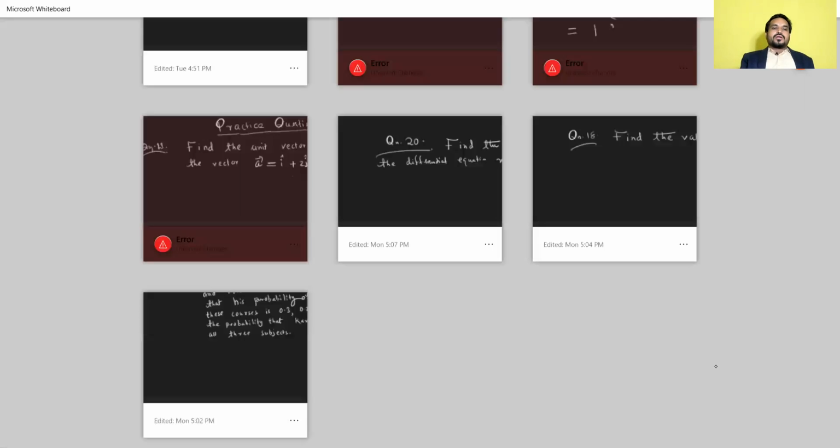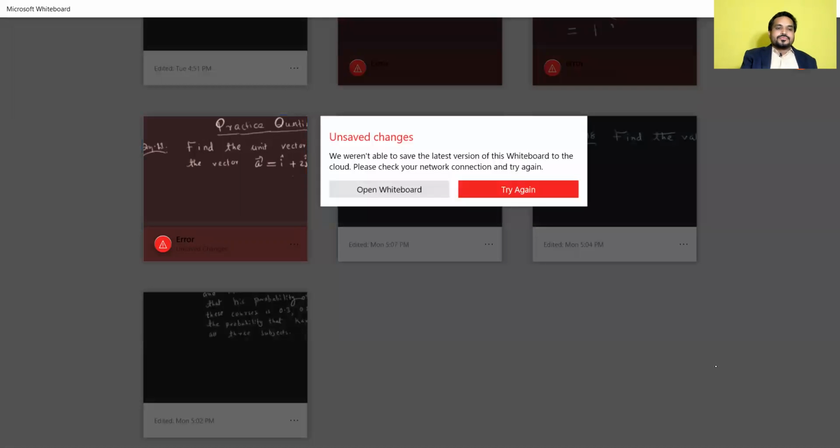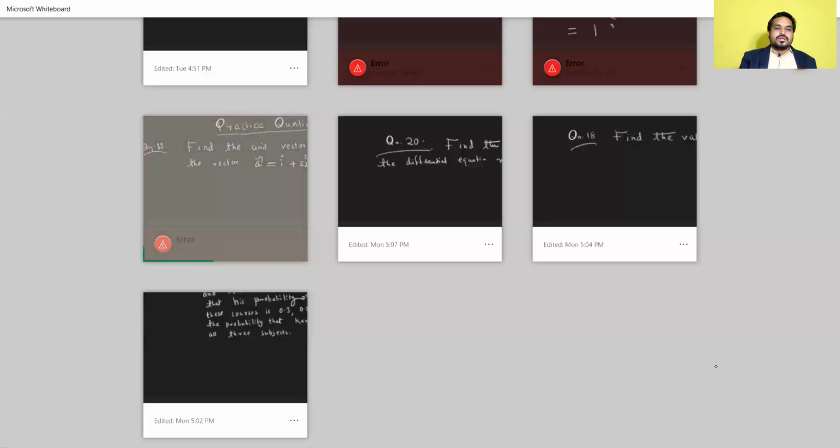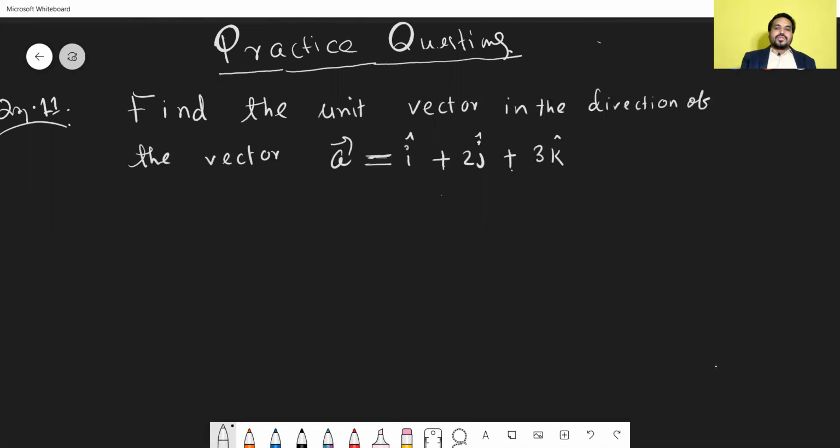Now come to question number 11. Find the unit vector in the direction of the vector a equal to i plus 2j plus 3k. This is a very important short question for board examination, and a very easy question.